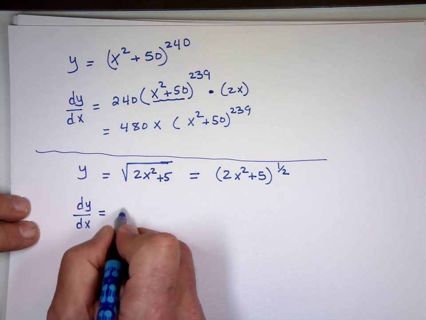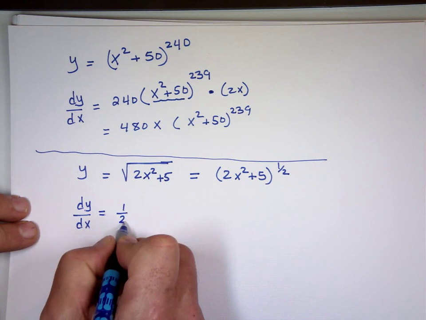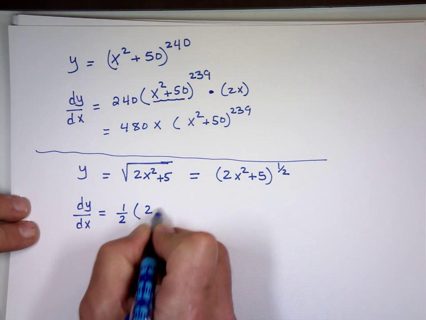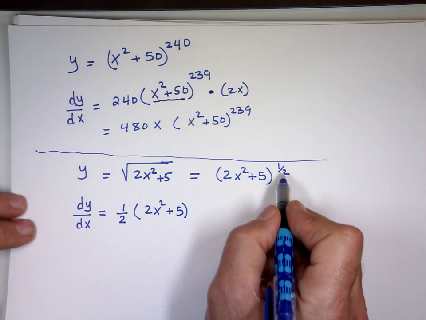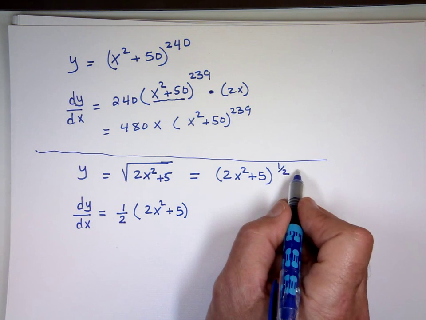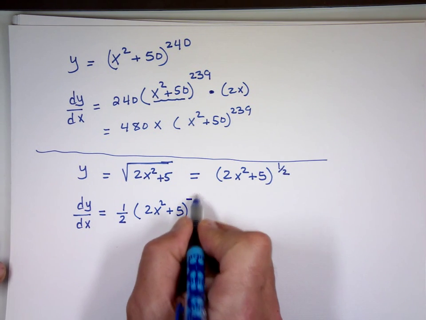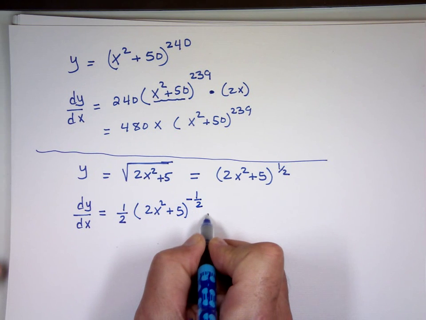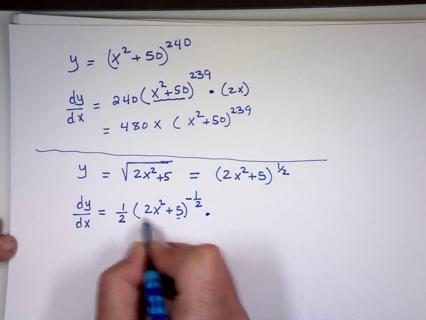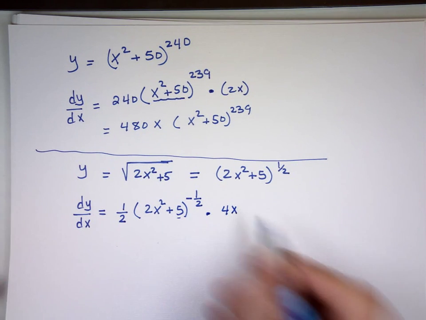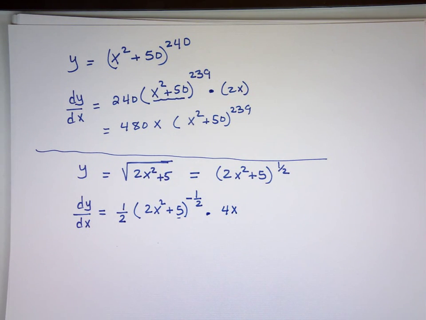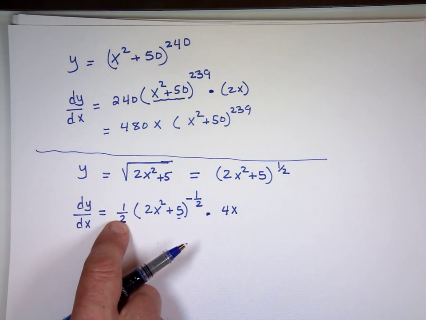Take the power, move it to the front, and subtract 1 from the power. What is 1/2 minus 1? Negative 1/2 times the derivative, what's on the inside of that? 4x. Done. 4x and 1/2, that'll make it what, 2x?